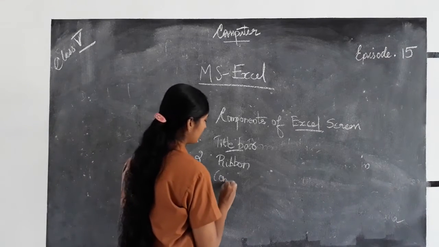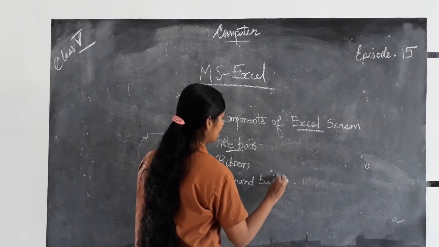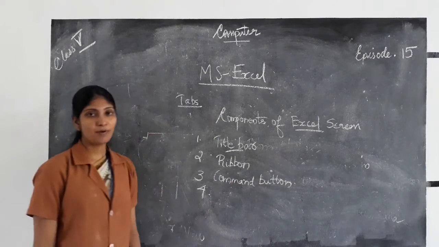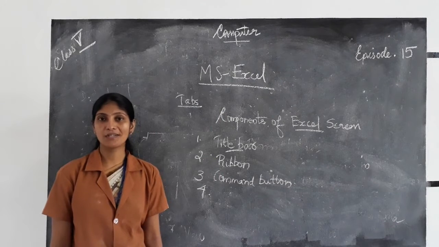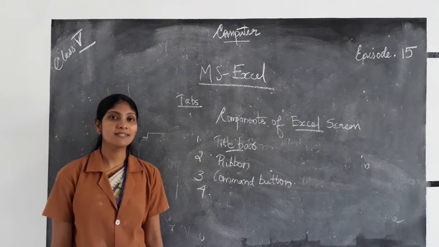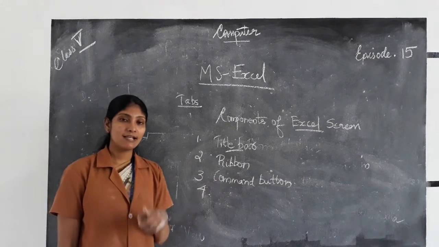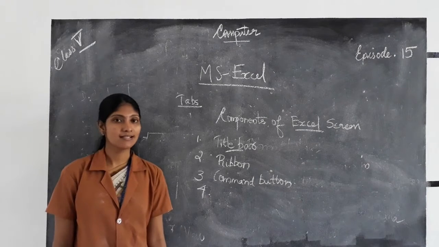So the third component is command button. Then fourth one, cell pointer. How to make a cell active? By clicking the mouse pointer on that particular cell. So that cell becomes active. Cell active means a cell pointer is displayed on the border or outline of that cell.